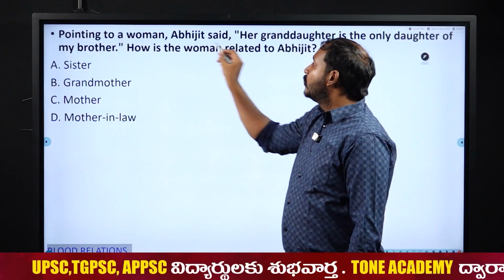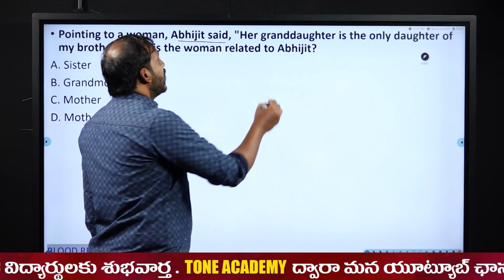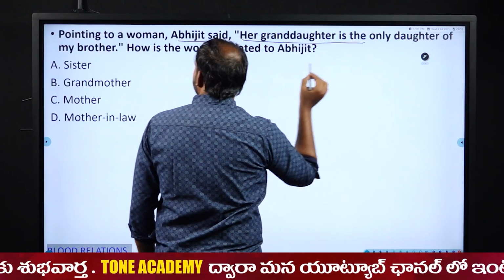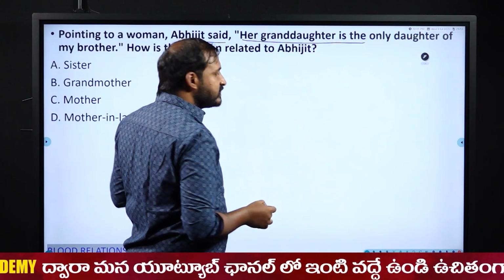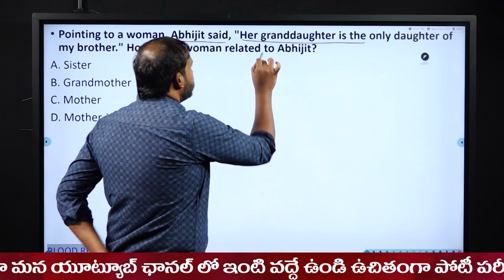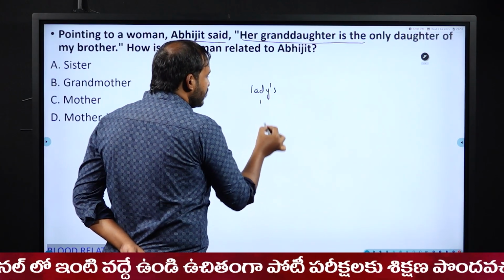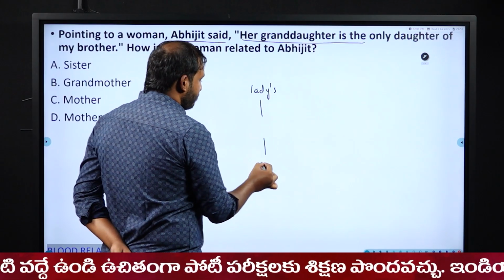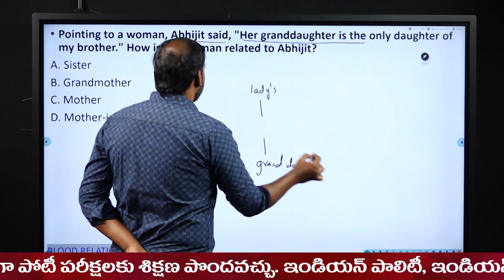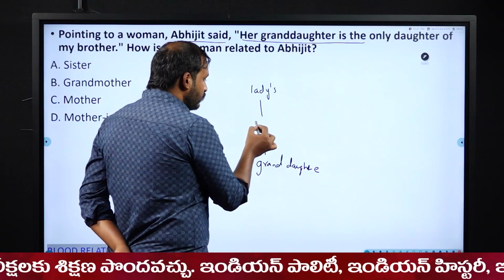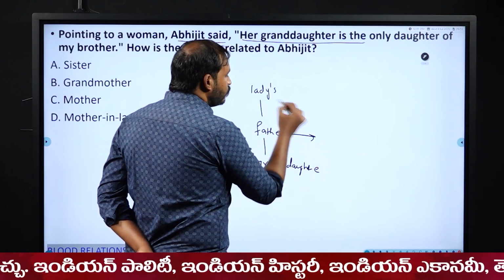Pointing to a woman, Abhijit said, her granddaughter is the only daughter of my brother. That means he is pointing to a woman. Only daughter of my brother means Abhijit's brother, right? Now, that lady's granddaughter is the only daughter of my brother. Now her father is the brother to whom?